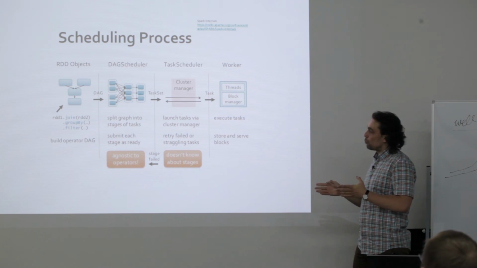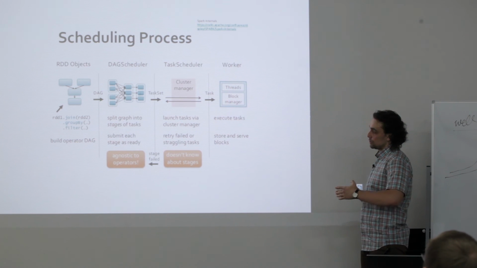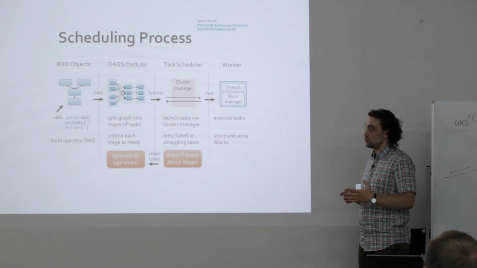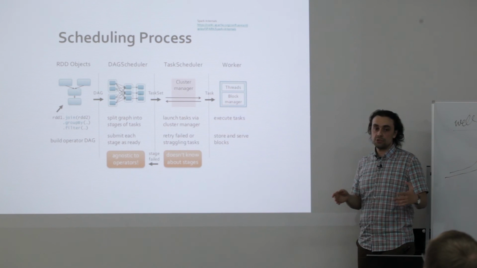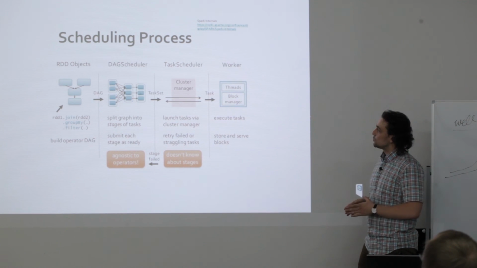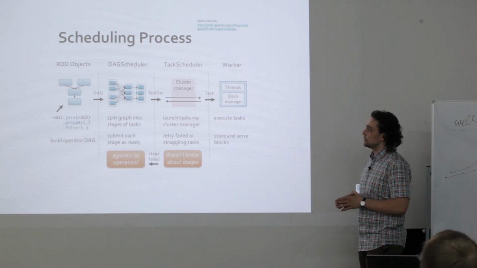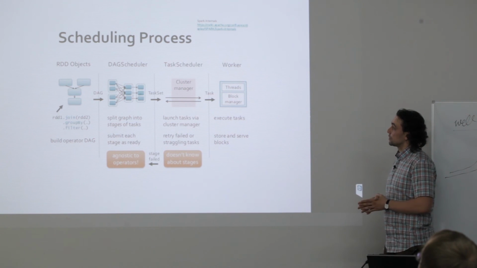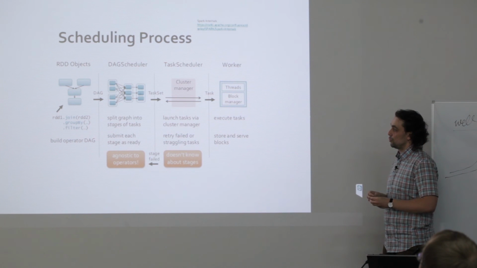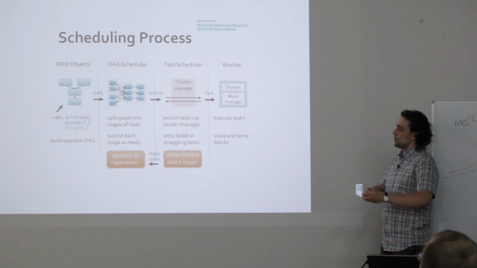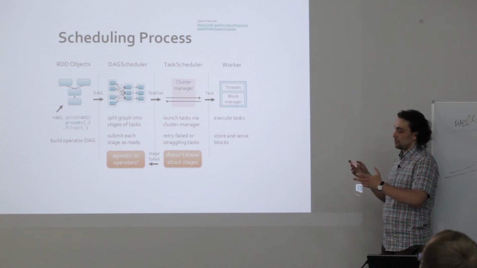Based on the logic that you write in your job, maybe a batch job or a stream job, Spark builds a DAG, a directed acyclic graph. This graph is just how your transformations and actions should be done in general.